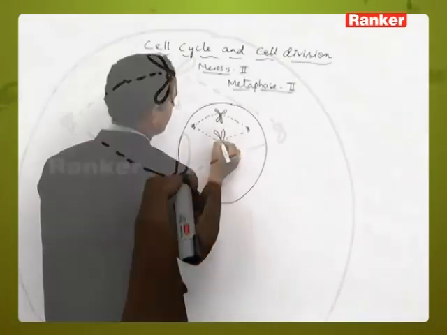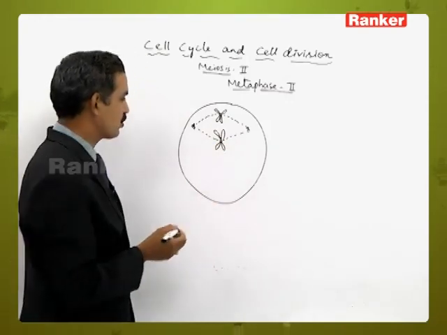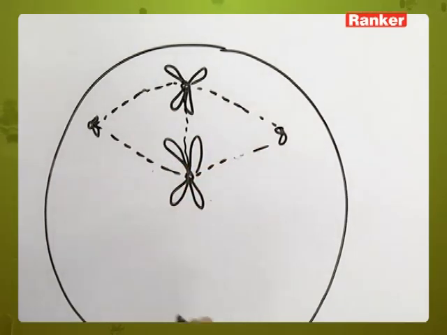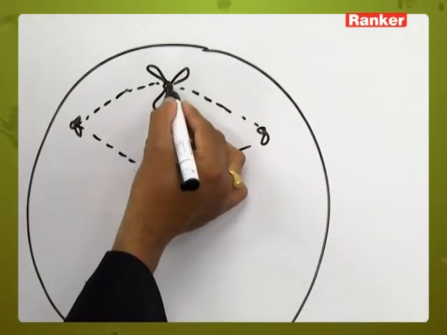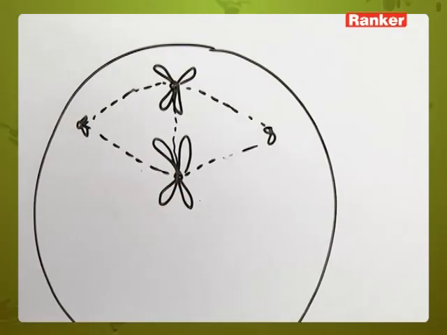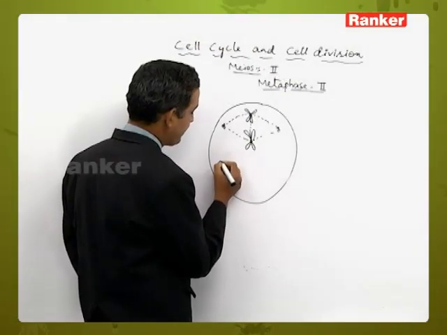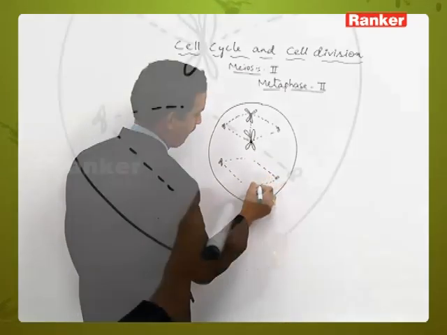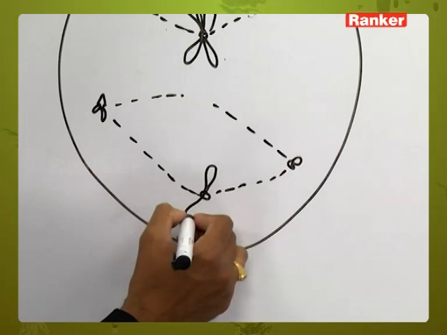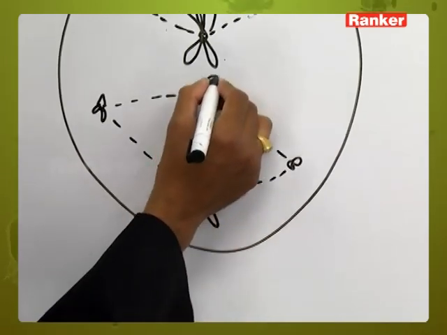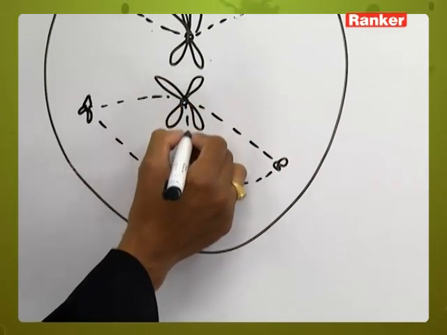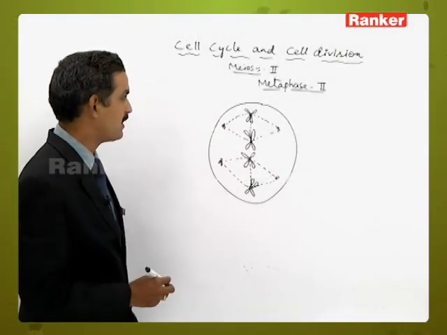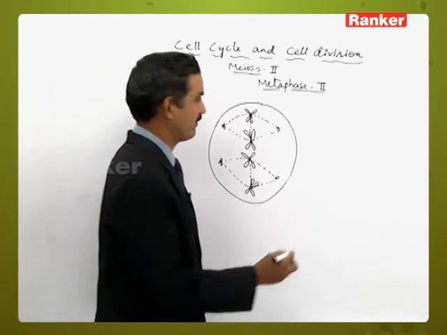Here meiosis 2 is equal to the mitotic phase, because the spindle fibers formed are discontinuous fibers, and the centromere is present on the equatorial plate, the equatorial region. So the spindle fibers formed are perpendicular to the spindle fibers formed during metaphase 1.